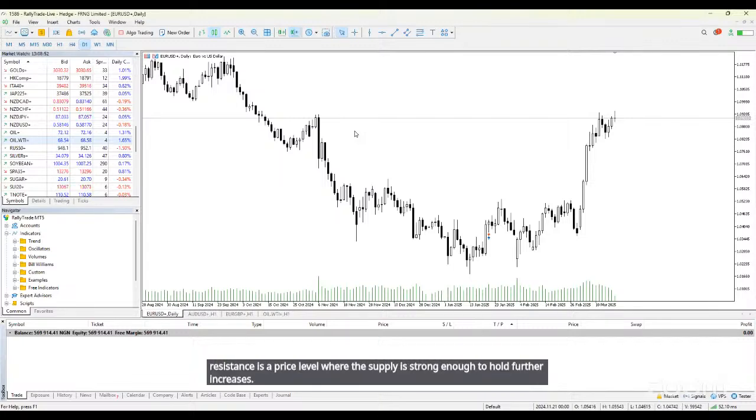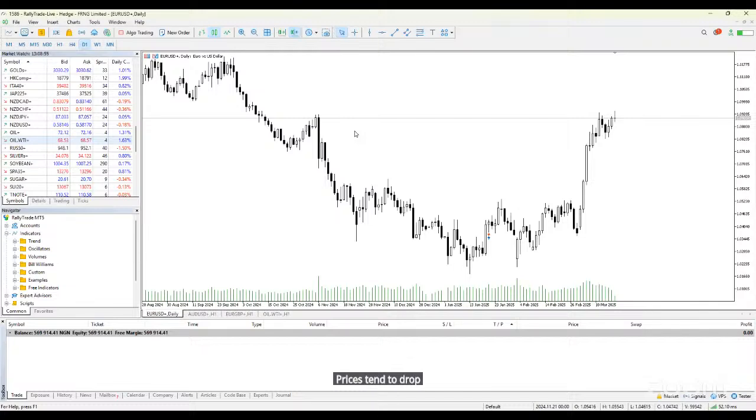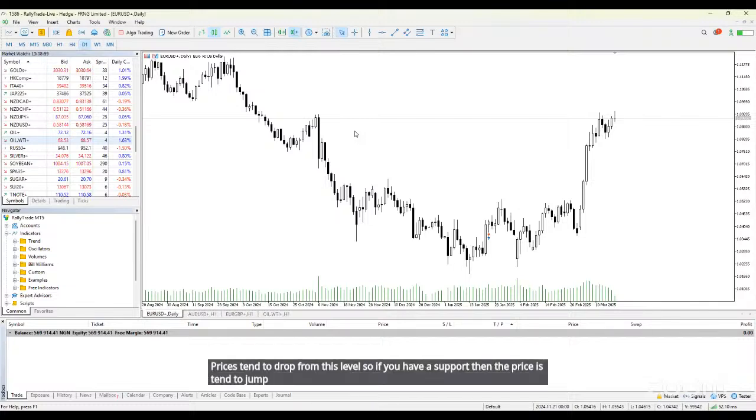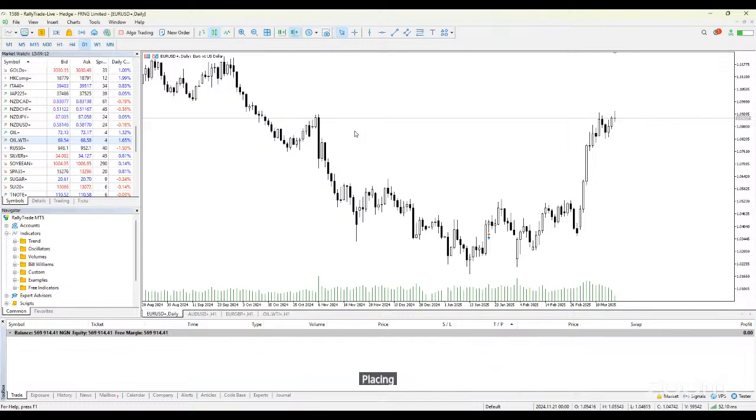Prices tend to drop from this level. So resistances usually stop the price increase. You will see that they are very important when it comes to placing an entry into the market, or even placing a stop loss or a take profit.